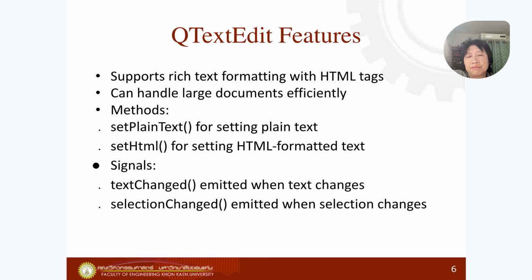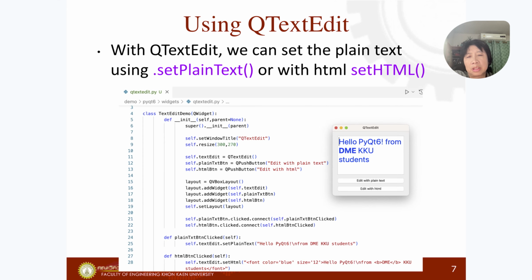So these are the features of QTextEdit, which can handle large documents efficiently. Some of the important methods are setPlainText for setting plain text, setHTML for setting HTML format text, and important signals are textChanged, which is emitted when text changes, and selectionChanged, which is emitted when selection changes.